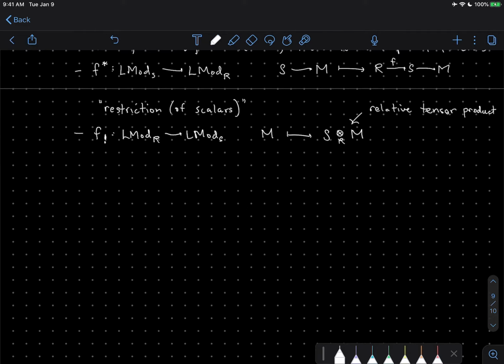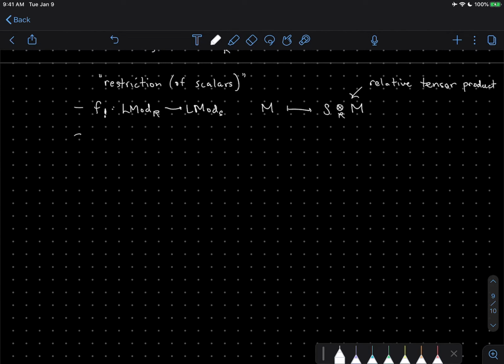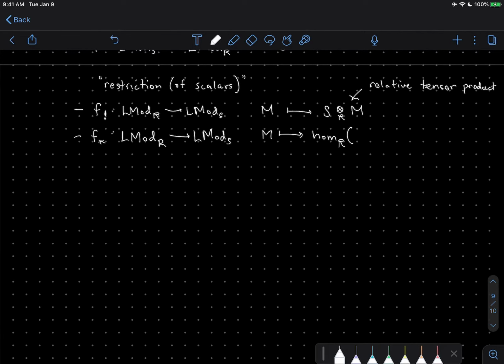Relative tensor product. And finally, there's a functor F lower star that also is going to go from L mod R to L mod S. What it does is it takes a module M to the set of R linear homomorphisms from S to M, equipped with its canonical R module structure.